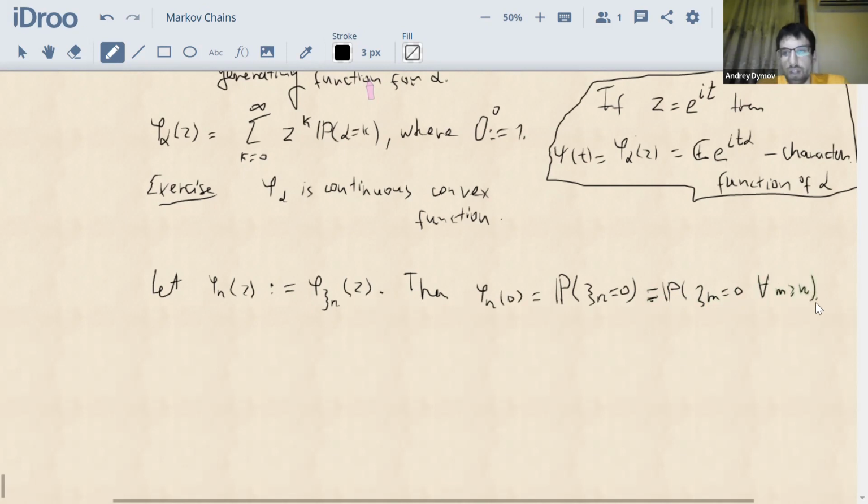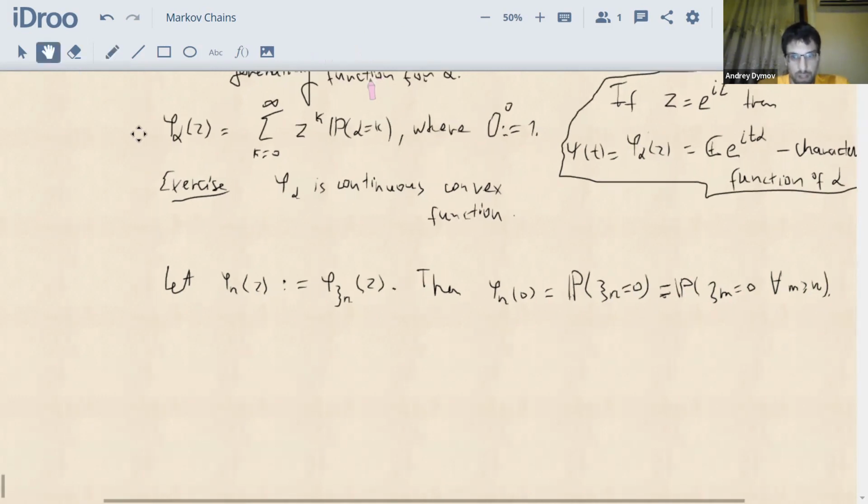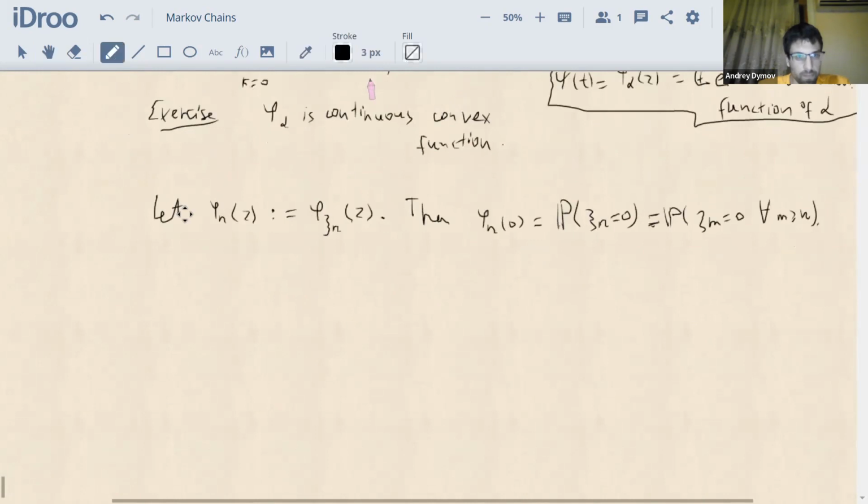Because if at moment of time n the size of the generation is 0, then the size of the next generations will also be equal to 0. Perfect.